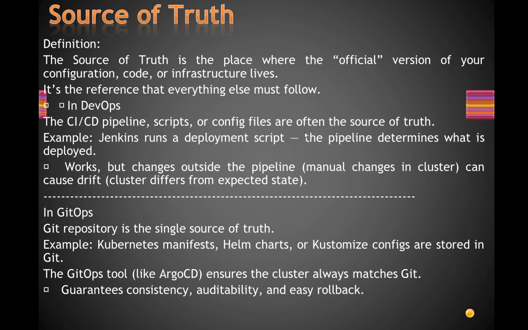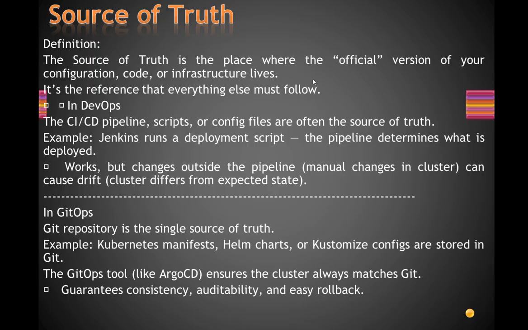The source of truth. The source of truth is the place where the official version of your configuration, code or infrastructure lives. It's the reference that everything else must follow. In DevOps, the CI/CD pipeline scripts or config files are often the source of truth. Example, Jenkins runs a deployment script.